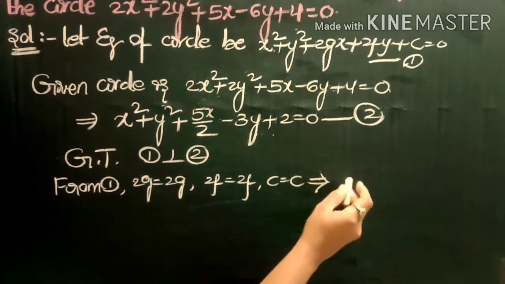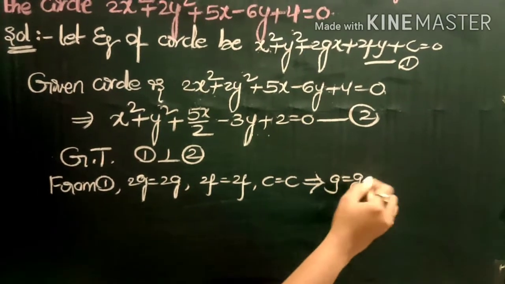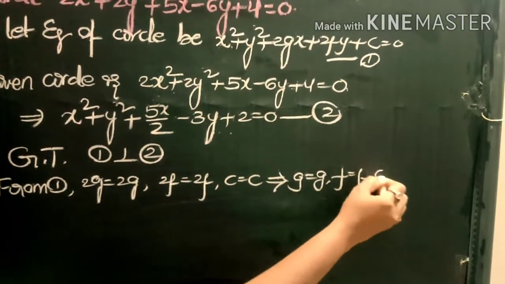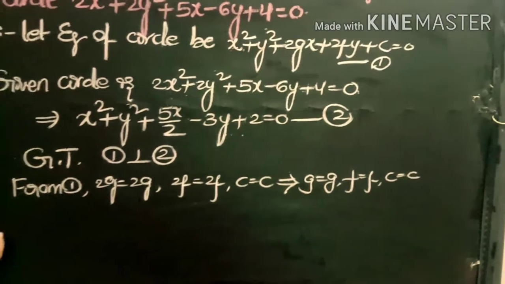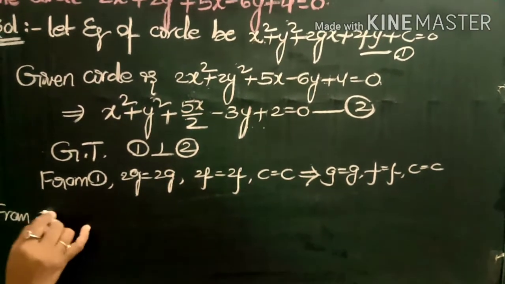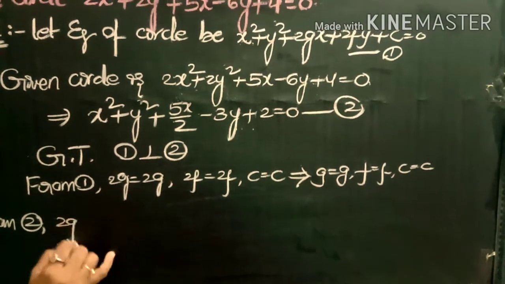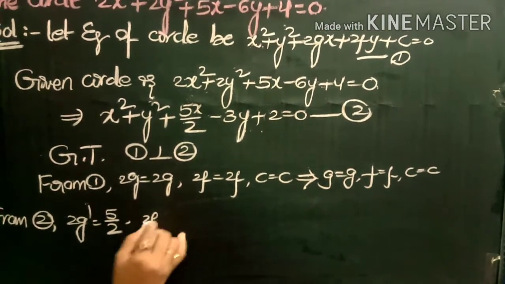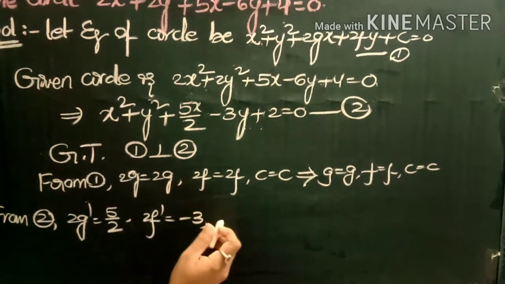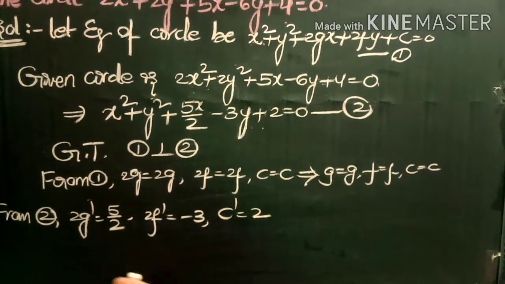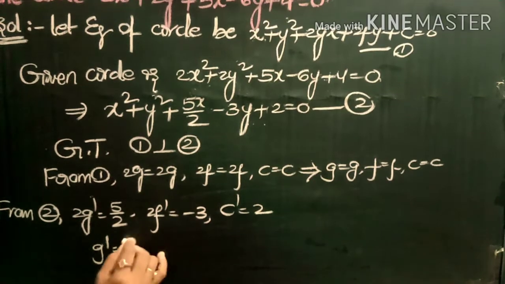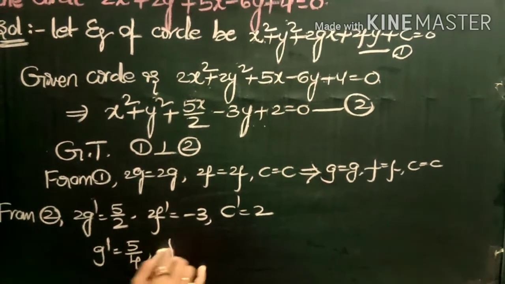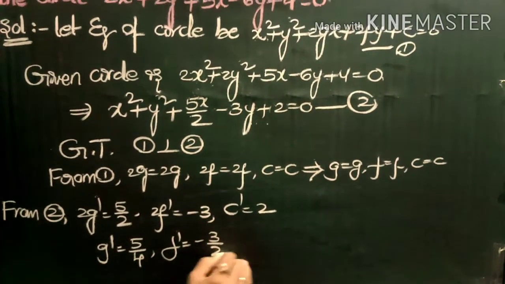All values are the same, that is g is g, f is f and c is c. Now from the second equation we have 2g' is equal to 5 by 2, 2f' is equal to minus 3 and c' is equal to 2. That is g' is equal to 5 by 4, f' is equal to minus 3 by 2.